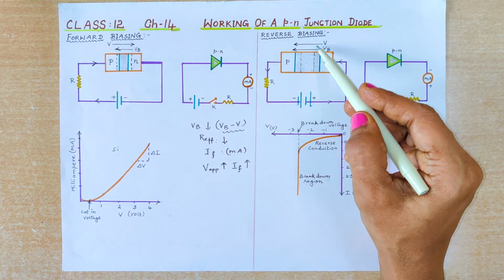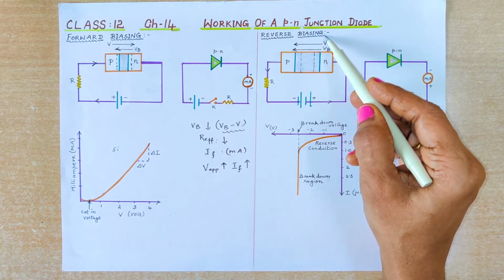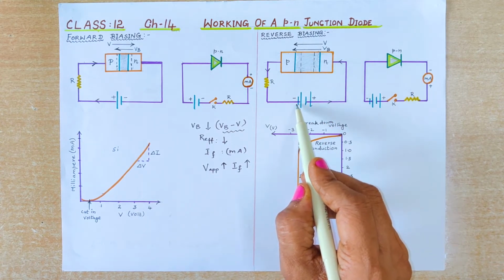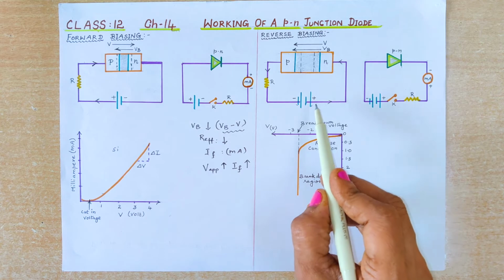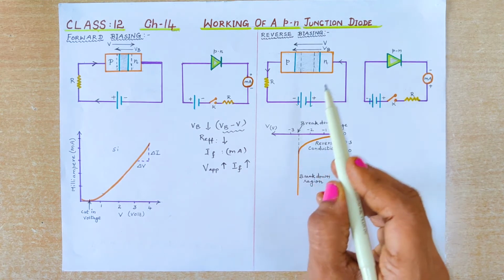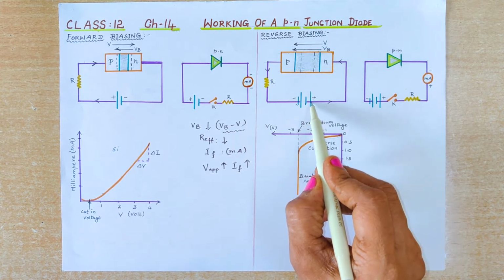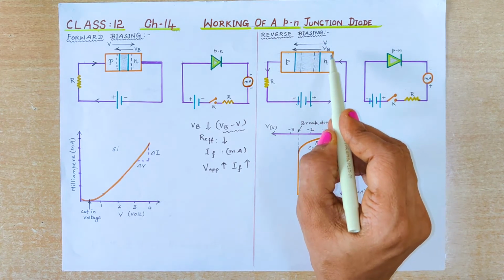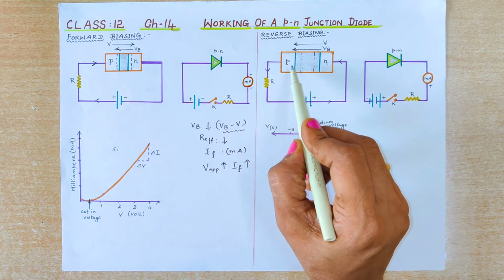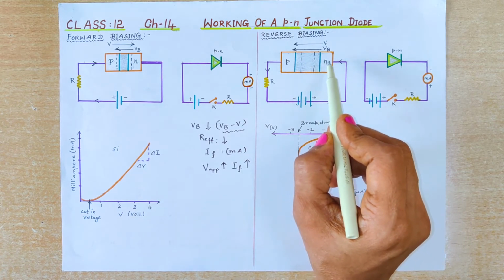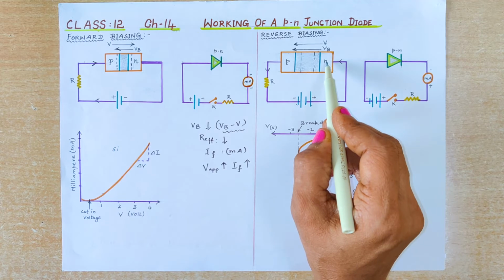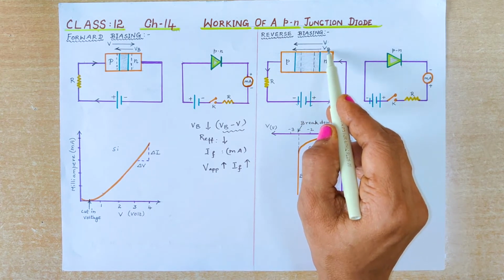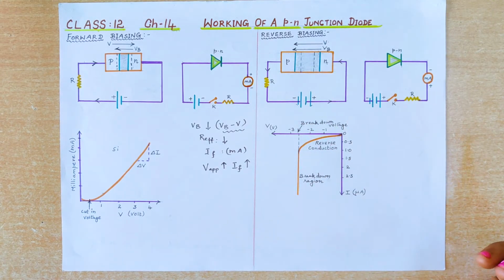And you can also see, in a similar way, the reverse biasing of the PN junction diode. That is, the P side is connected to the negative polarity and the N side is connected to the positive polarity. Here you can see the applied voltage is from positive towards negative, and we all know that the potential barrier, a voltage developed by the depletion region, is also from N to P. Therefore V and VB are in the same direction.